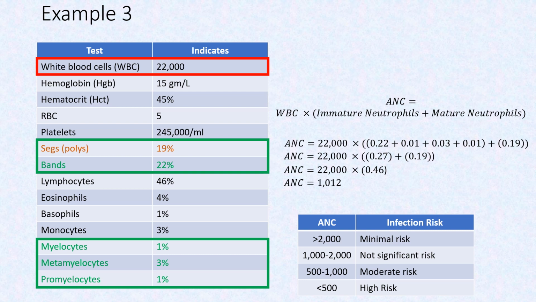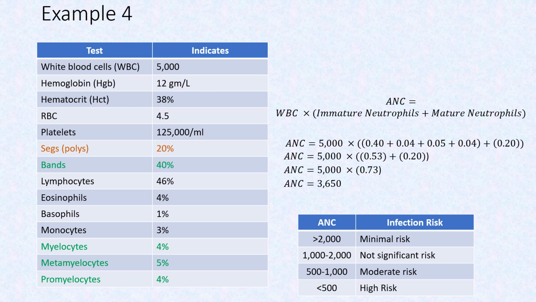When added to the mature neutrophils, this equals a total neutrophils of 46%, or 0.46. When entered into the formula, 22,000 multiplied by 0.46 equals 1,012. This is between 1,000 and 2,000, meaning there is not a significant risk for infection.